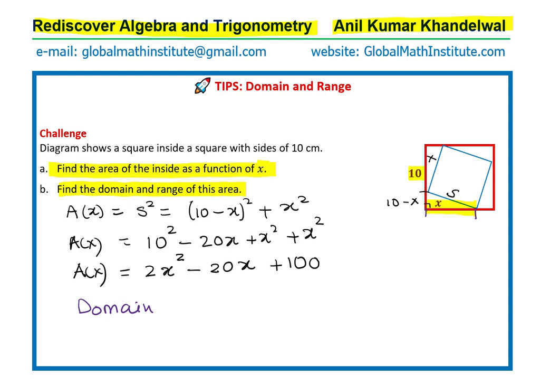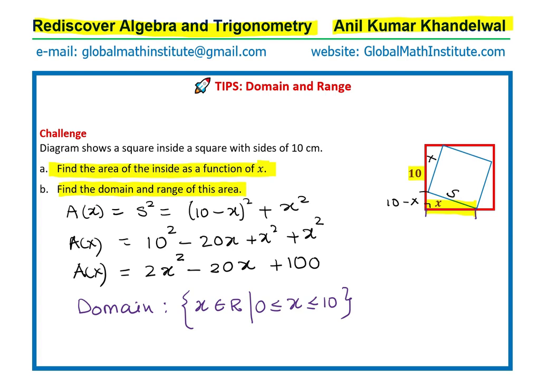So we can write the domain as x belongs to all real numbers, and domain is written in curly brackets, condition where x is greater than or equal to 0 and less than or equal to 10. So those are the possible values of x.